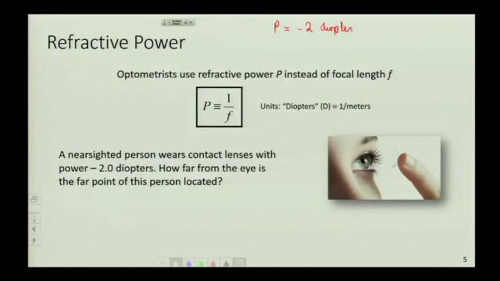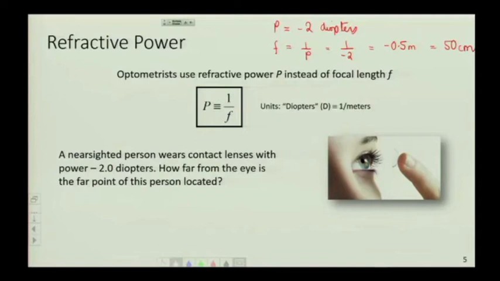So the first step you can do is find the focal length of the lens. What will the focal length of the lens be? -0.5, because it's going to be 1 over P, which is 1 over -2 or -0.5 in what units? Meters. So if you like, your focal length is 50 centimeters.